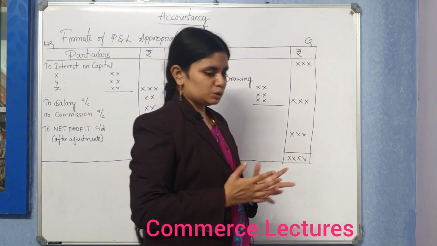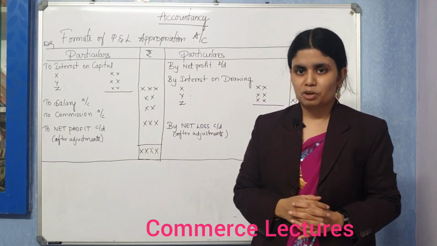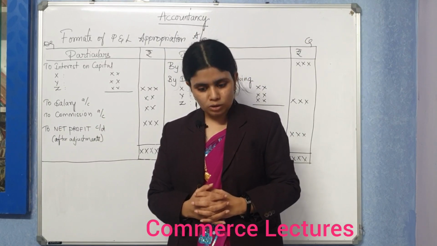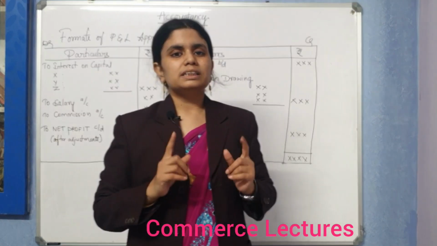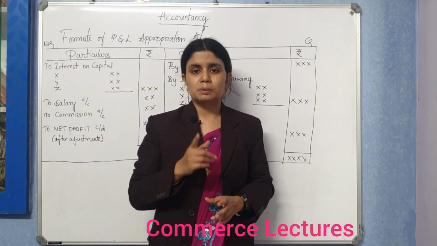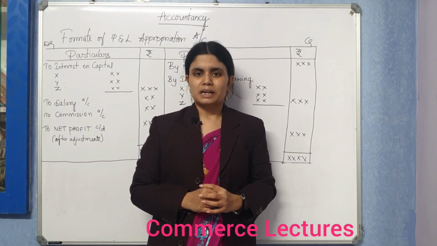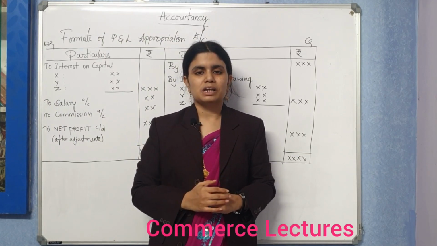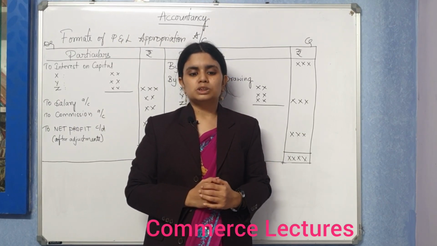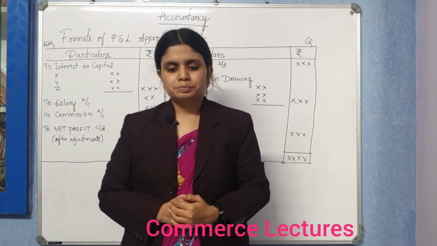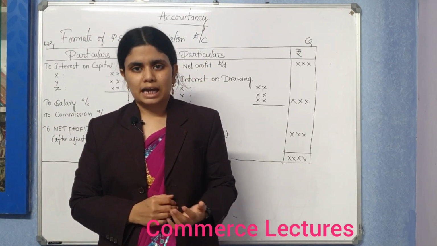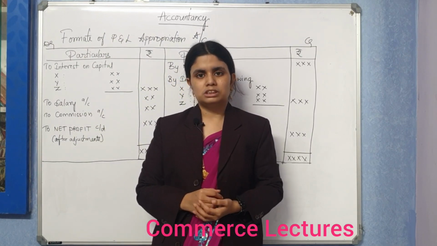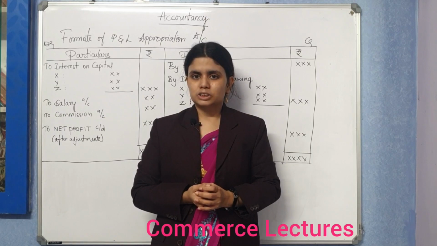Before going to the format of preparing the profit and loss appropriation account, let us know what is meant by it. It is one type of account which is prepared under the fundamentals of partnership firm, in order to find out the net profit as well as net loss, and to distribute the remuneration, salary or commission, or interest on capital, interest on drawing to the partners of the firm.